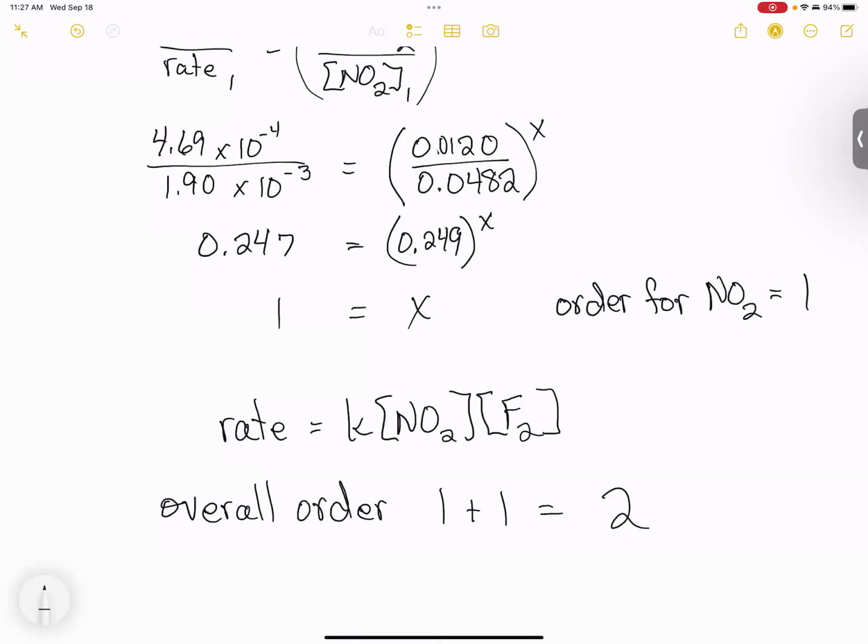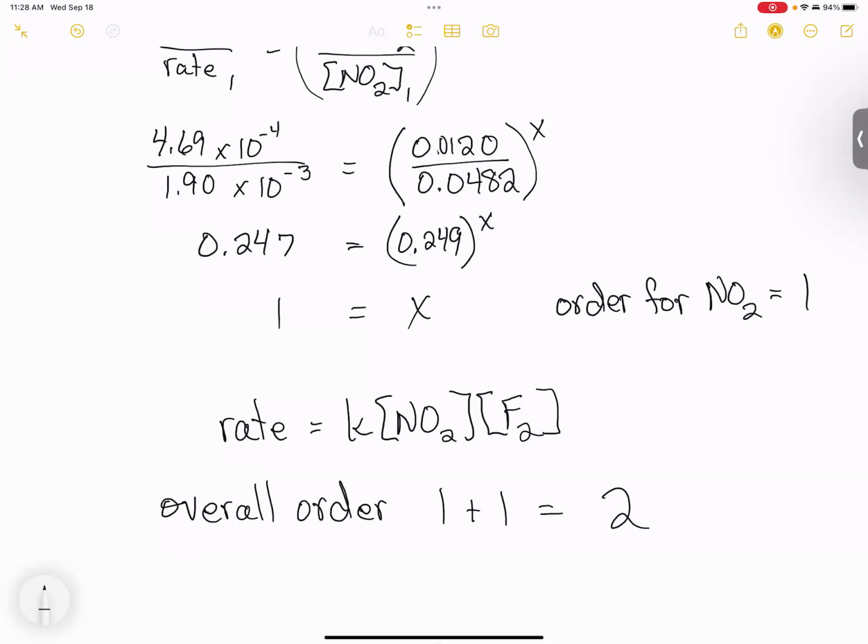A reaction can occur in multiple steps. In this particular case, the NO2 reacts with an F2 to form one NO2F. Then that extra F reacts with the other NO2 to make the second NO2F. It occurs in a two-step process, not in a single step.